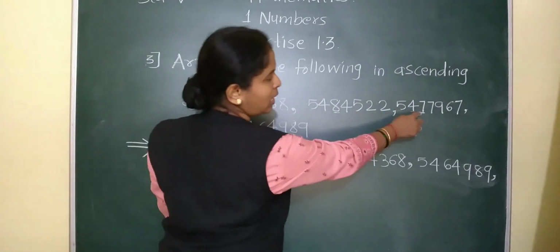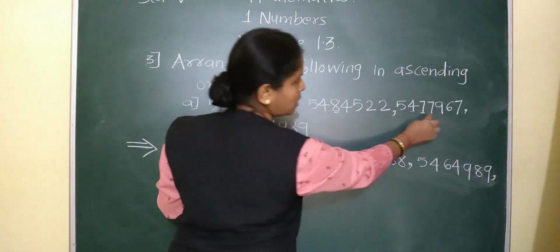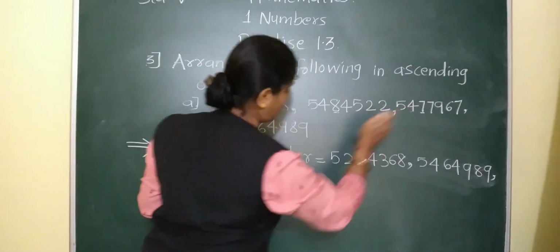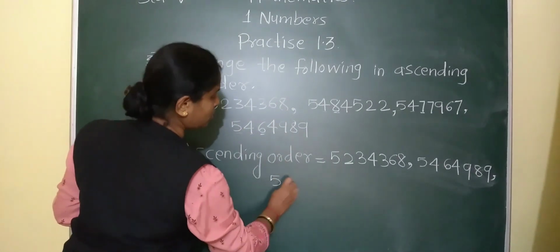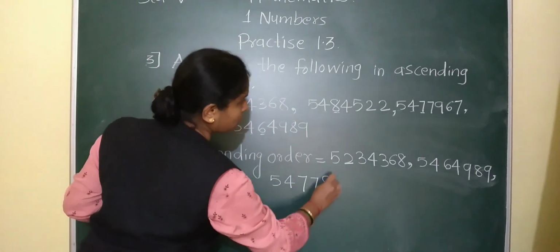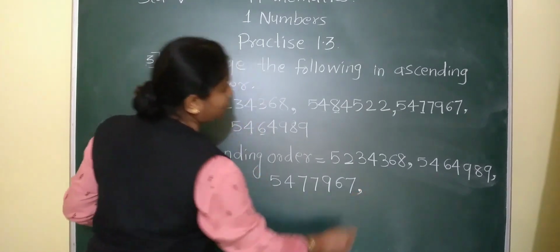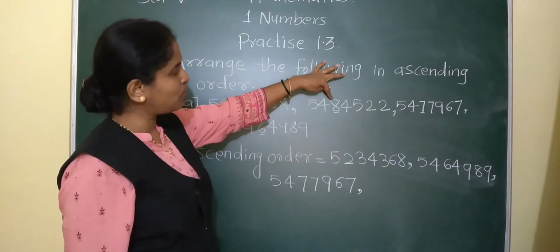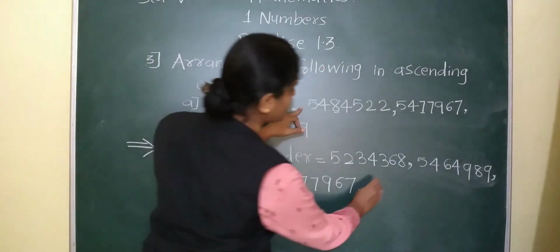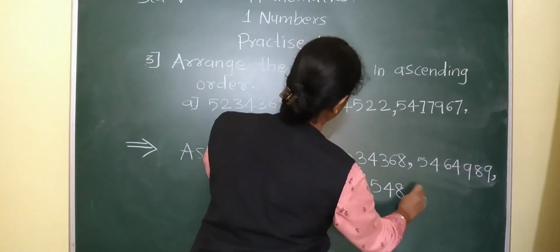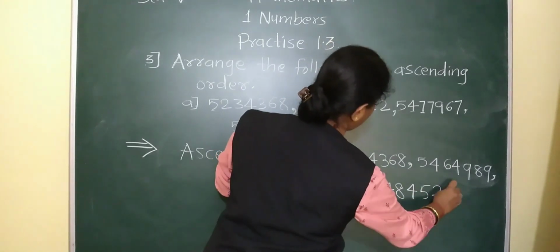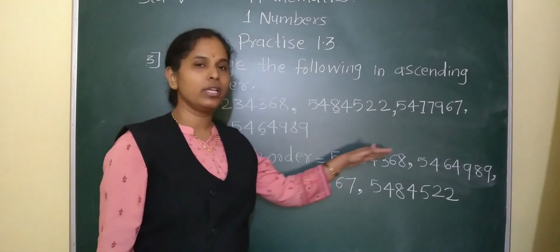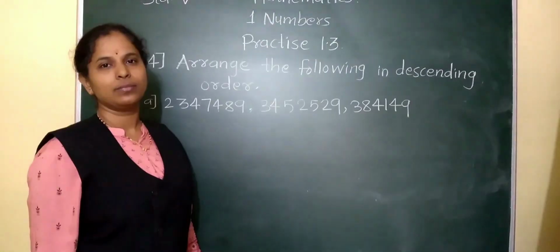After 6, here 7 is there, here 8. So, this number will come after that. So, write it down. And which is the biggest one? At this place 8 is there. So this is the biggest number. In this way we arrange the numbers from smallest to biggest.